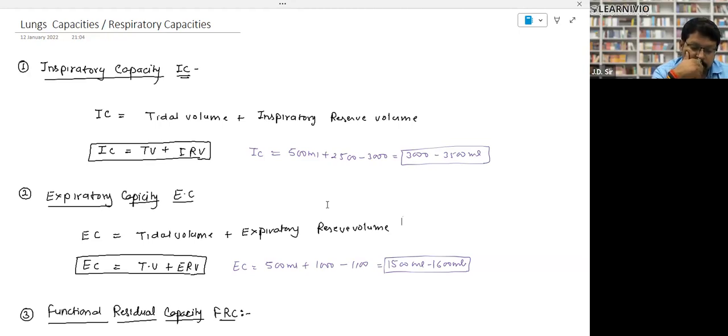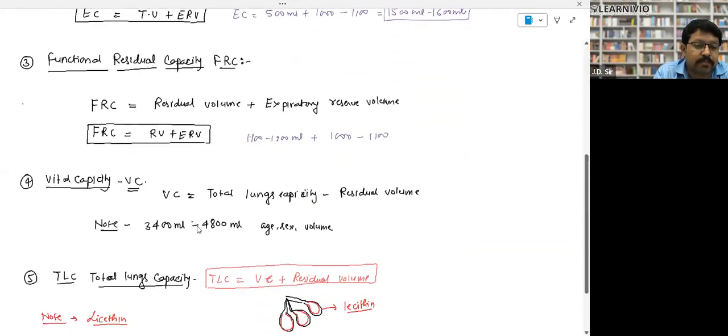Yes, sir. Fine. Now come to the FRC, functional residual capacity. This is the functional part, right? So what is the functional residual capacity? FRC is the residual volume which cannot be taken out, and expiratory reserve volume. Normally, it does not go out. So in normal time, it always remains in our lung, right? So FRC is equal to RV, residual volume, that is basically 1100 to 1200, plus ERV 1000 to 1100.